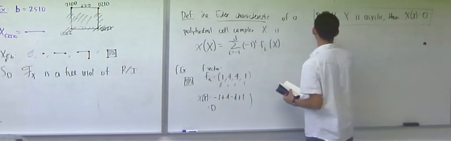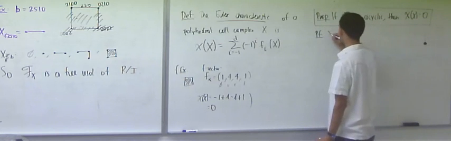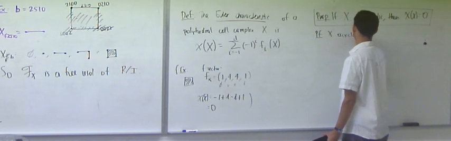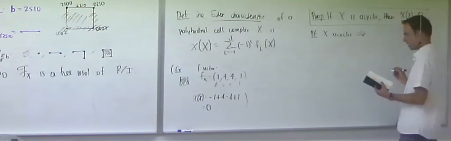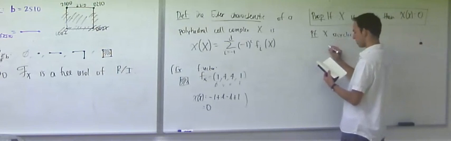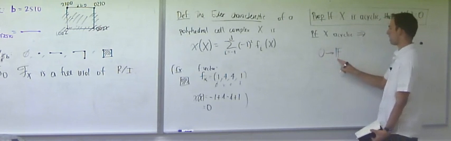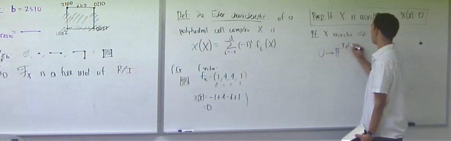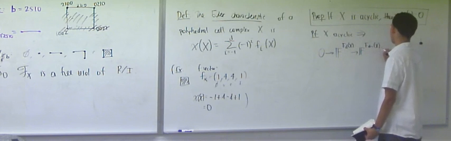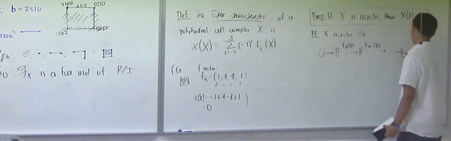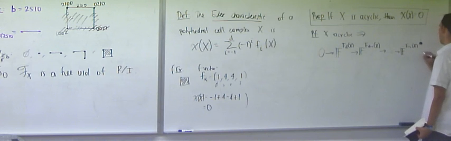So how do we do this? Well, if X is acyclic, that means that when we look at the chain complex of X, remember the way that goes is we take a vector space of d-dimensional faces, the vector space of d-1 dimensional faces, etc., up to the -1 dimensional face, 0.